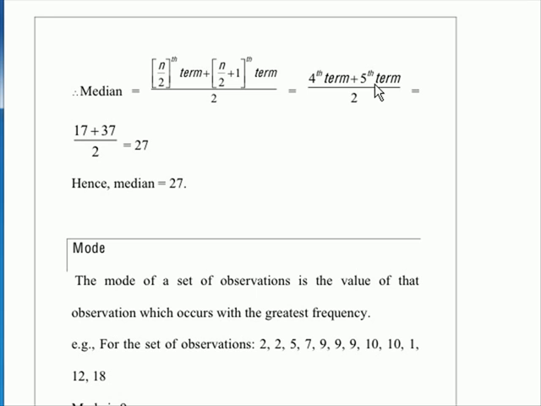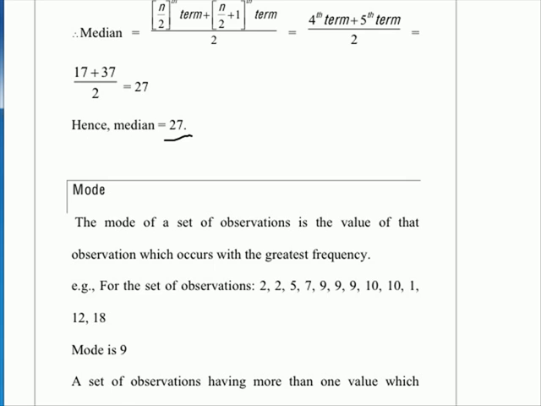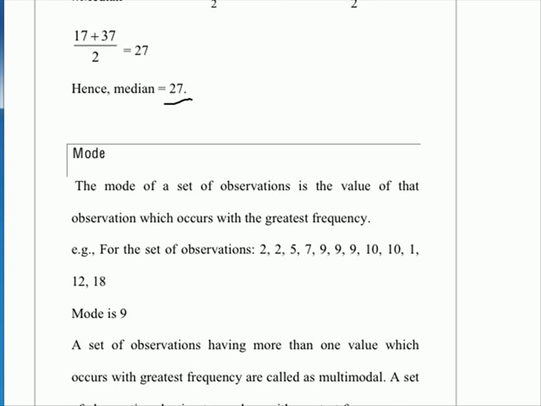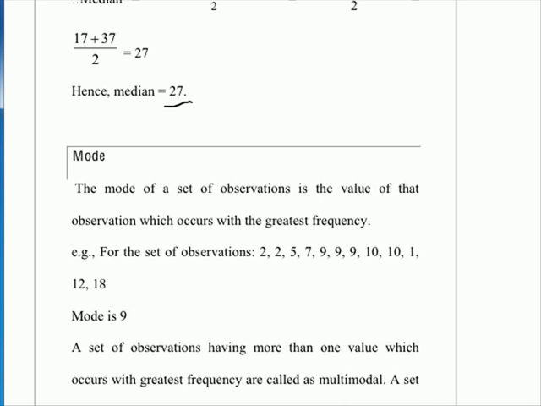Fourth and 5th term divided by 2, and the median comes out to be 27. Quite simple in terms of concept, but you need to be aware of the definition so that you don't get stuck in a difficult problem situation.